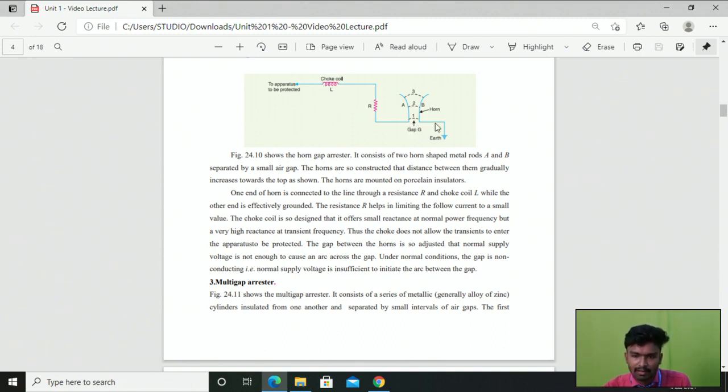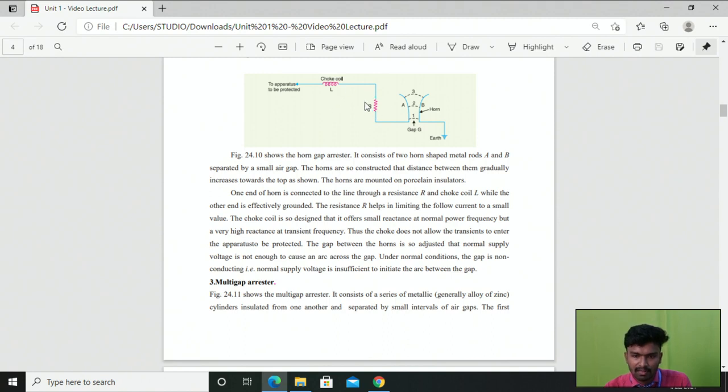You can look at the other end, which is effectively grounded through some low resistance path, right? And here the resistance R helps to limit the follow current to a small value. So the resistance is used to reduce the follow current. And the choke coil is so designed that it offers very small reactance at normal power frequency but very high reactance at transient frequency, right?